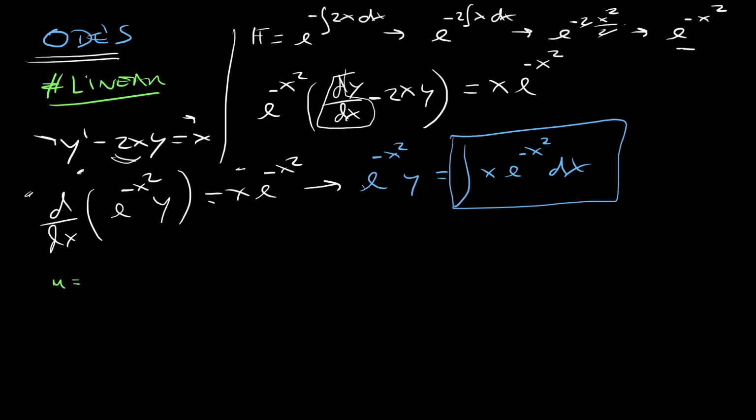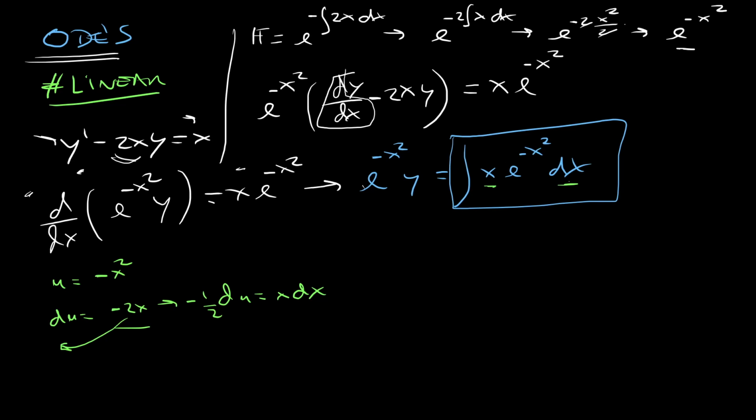So u is equal to minus x squared, du is equal to minus 2x dx. Now, if you look at this expression, we have x dx here, and we have from the relationship that we found minus 2x dx. So we need to have the minus 2 go to the other side. So we have minus 1/2 du equals x dx.